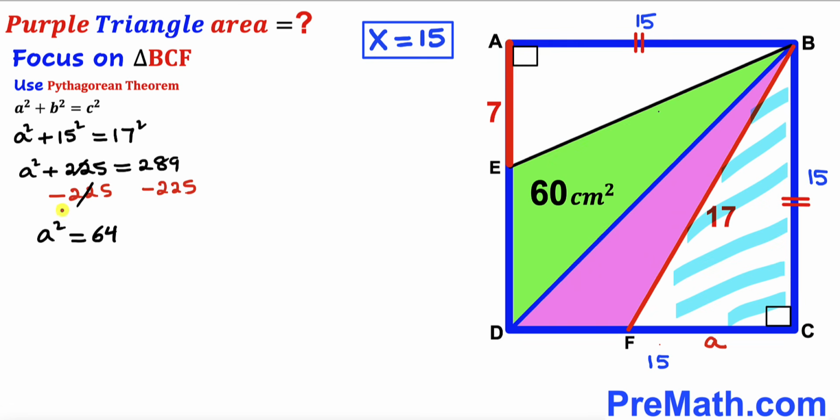Now I'm going to undo the square by taking the square root on both sides. So our lowercase a value turns out to be positive 8 centimeters.